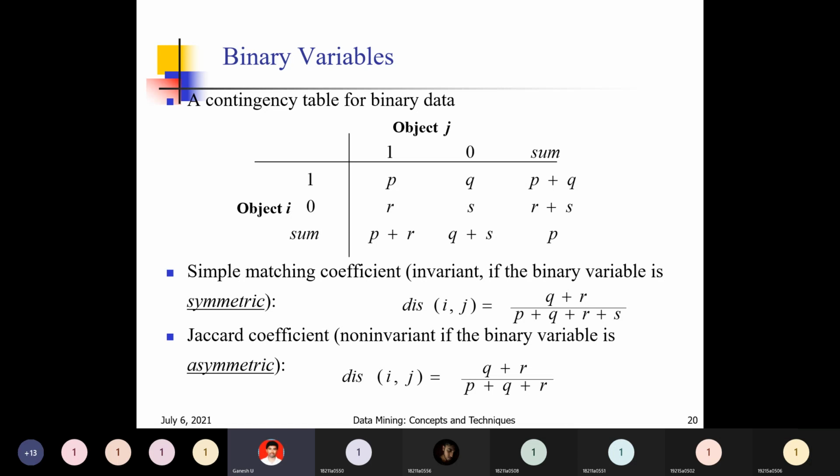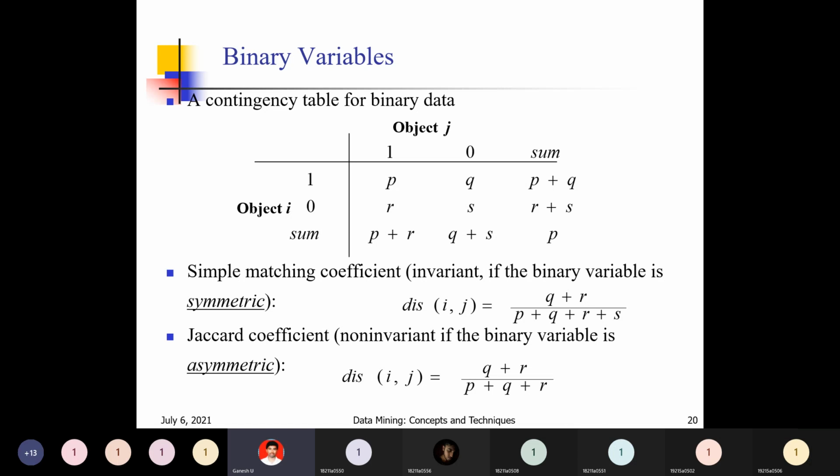This dissimilarity we call the Jaccard coefficient. The dissimilarity between symmetric binary variables we call the simple matching coefficient, which is dissimilarity of i, j equal to Q plus R by P plus Q plus R plus S. For asymmetric, distance of i, j equal to Q plus R by P plus Q plus R. This is the formula.